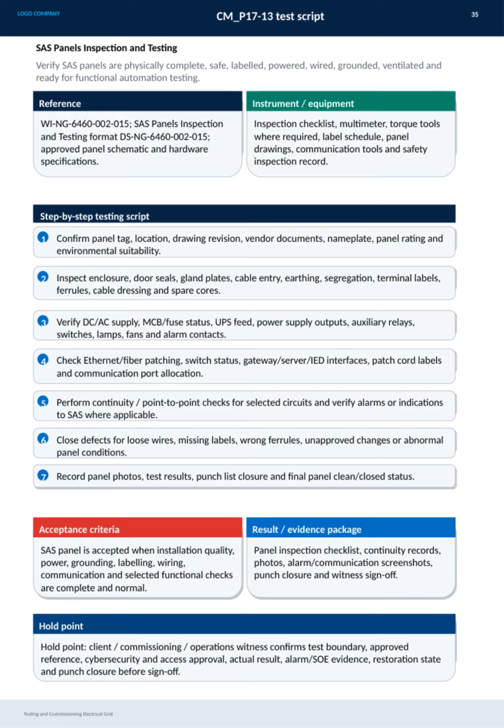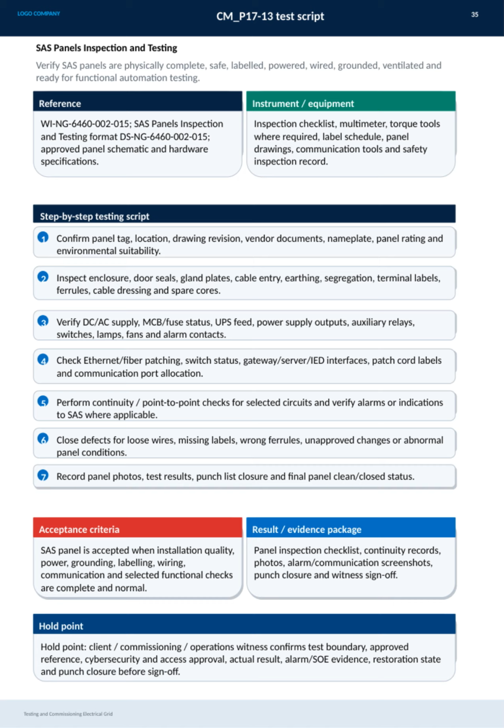The acceptance criteria require all installation quality aspects, power, grounding, labeling, wiring, communication, and selected functional checks to be complete and normal. All findings are compiled into a detailed evidence package, including the inspection checklist, continuity records, photos, alarm and communication screenshots, punch closure reports, and witness sign-off.